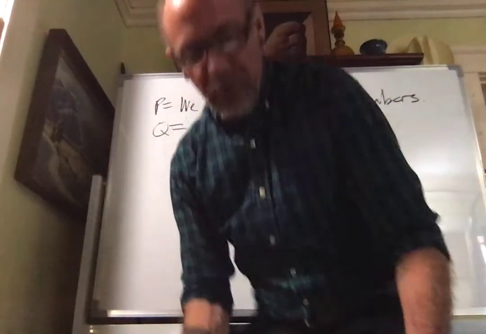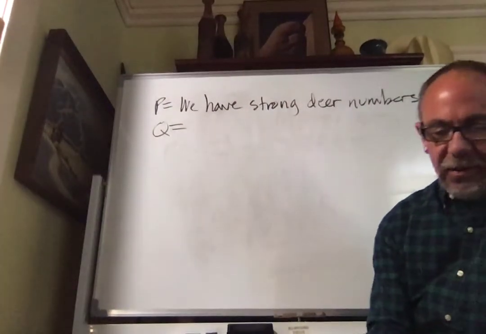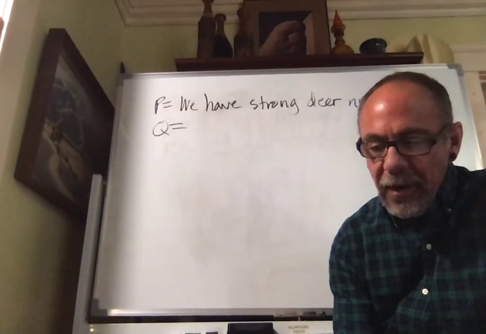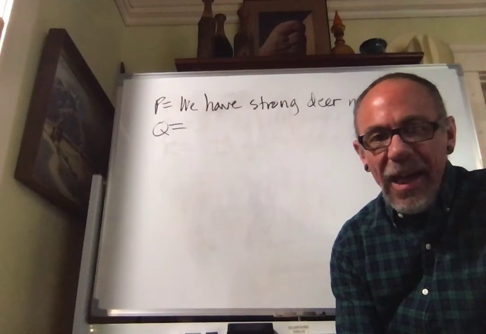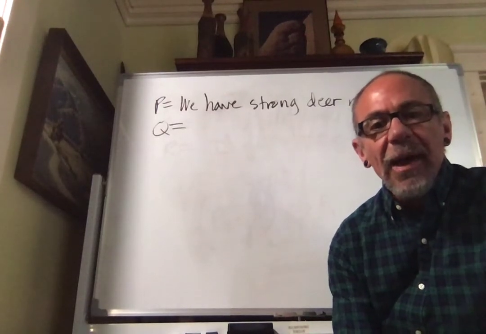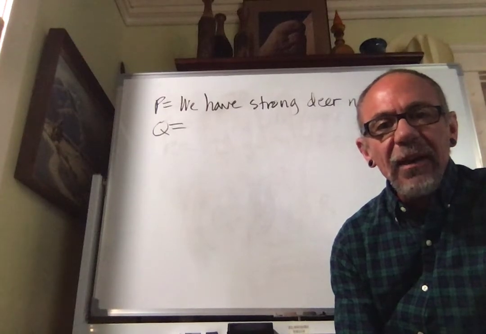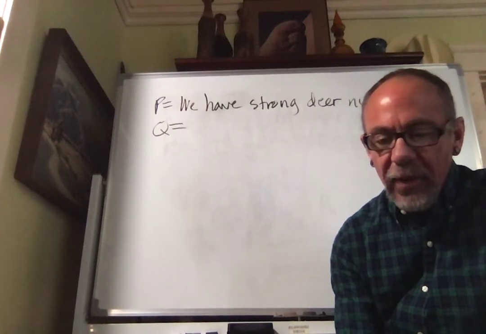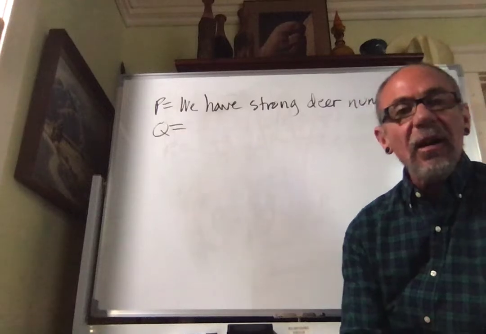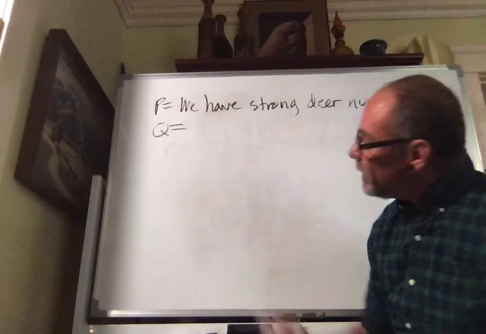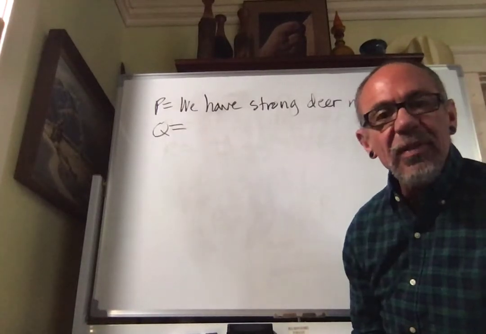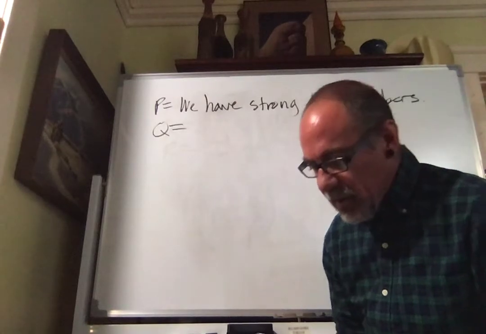Let's get our variables set up now. Let P stand for we have strong deer numbers. And then what comes after we have strong deer numbers in the original sentence is compound. Mountain lions mostly leave our pets and livestock alone. And, of course, is signaling conjunction. So the consequent of this conditional is going to be a conjunction. We'll need two more variable assignments then, one for each conjunct.